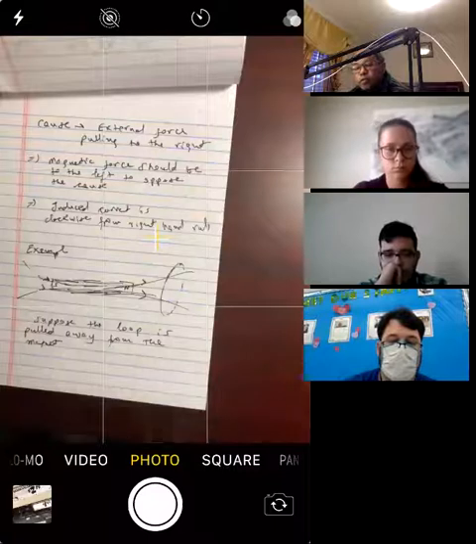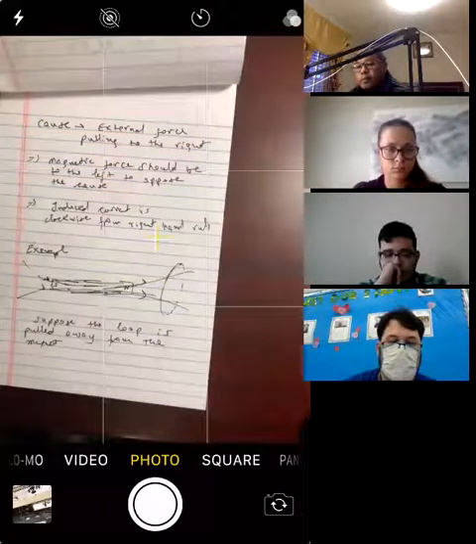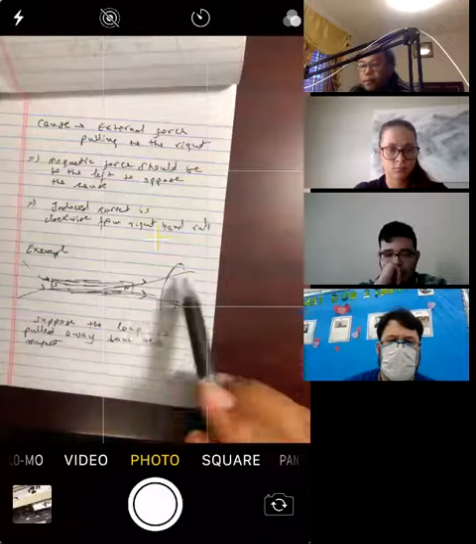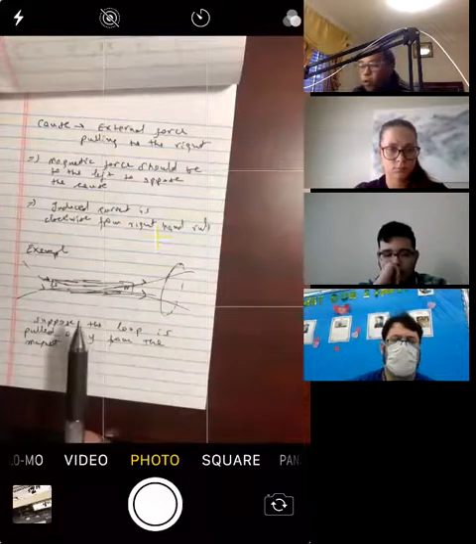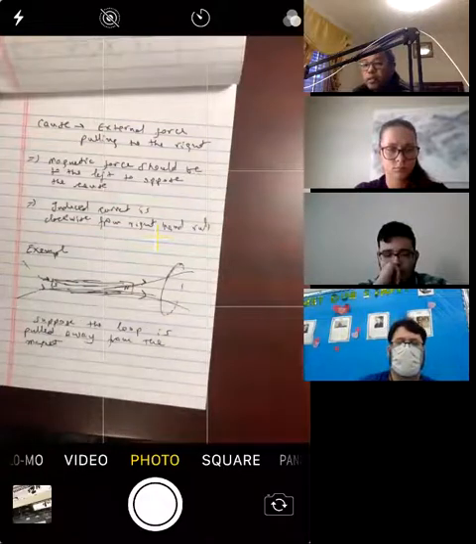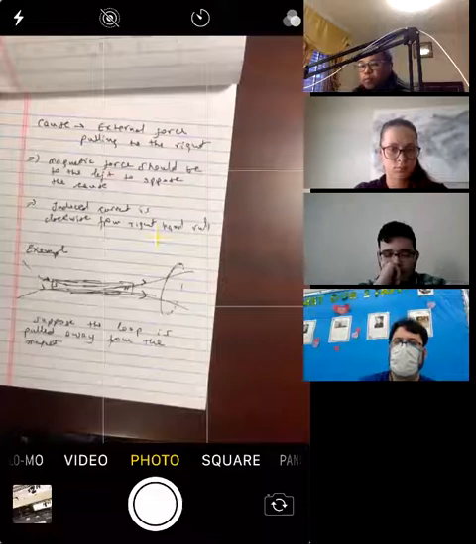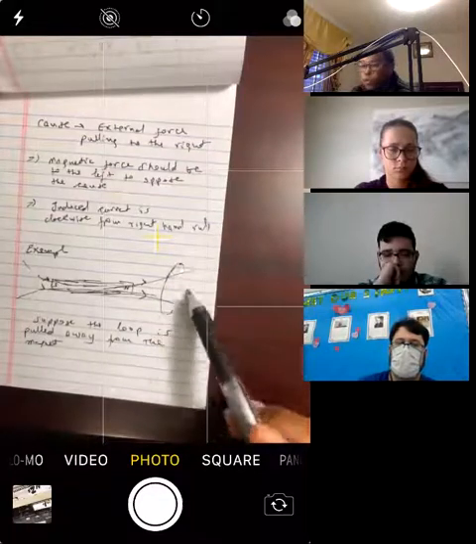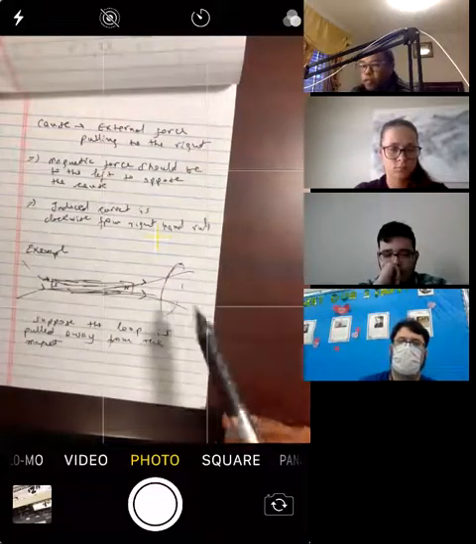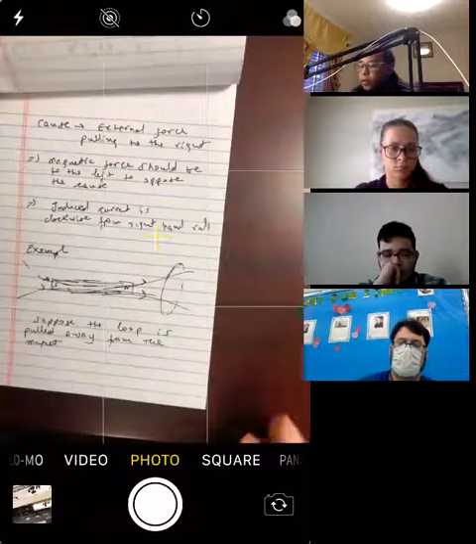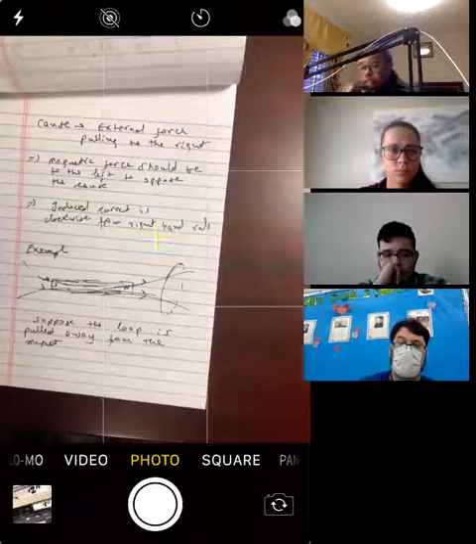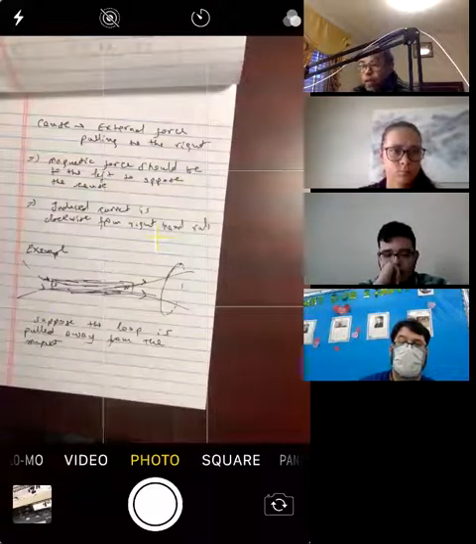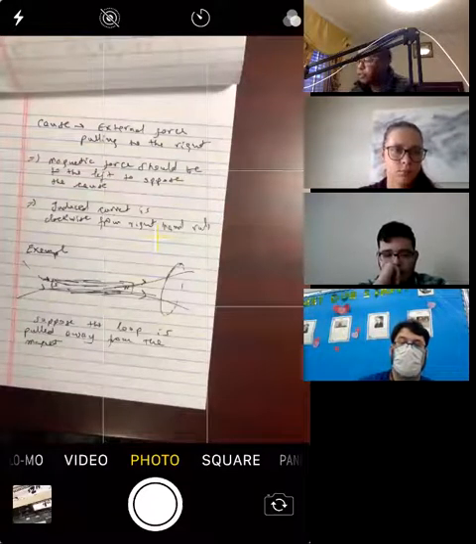What happens if you go farther away from the magnet? The strength of the field decreases, right? So as you go away, the field is decreasing. It's that change of the magnetic field that will produce a change in flux in this loop, and that change in flux will give an induced voltage. So the cause for this change of flux is a decrease in magnetic field. By pulling it away, we're decreasing the magnetic field.